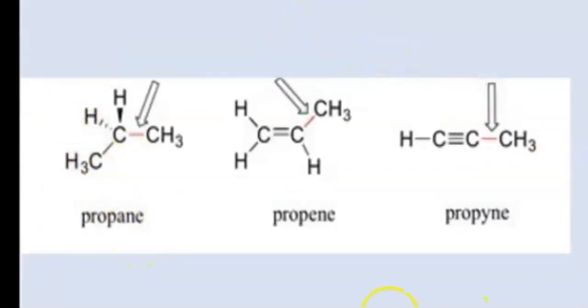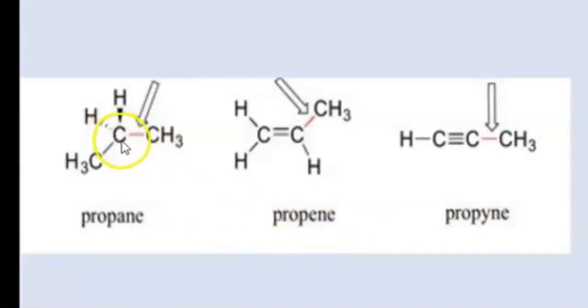So here we have 3 different structures that all have the same beginning, prop, P-R-O-P, which is because they all have 3 carbons. Again, learning the names of these structures is something that you typically do if you're going to take organic chemistry, so don't worry so much about that. But the reason that they're different, we see propane, propene, and propyne, is because of the bond that is between the carbon atoms.